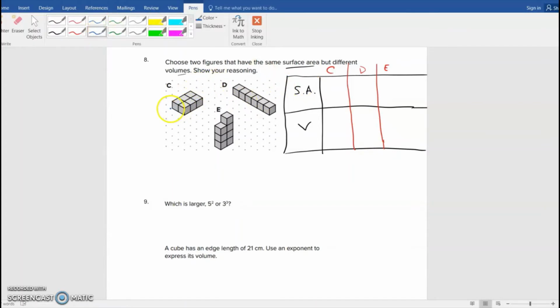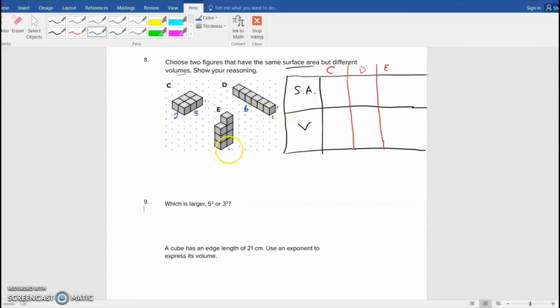So for letter C here, I see that this side is 2 units long. This side is 1, 2, 3 units long. And its height is 1 unit tall. And we'll do that for each one of these. Letter D is 1, 2, 3, 4, 5, 6 units long, and 1 unit wide, and 1 unit tall.